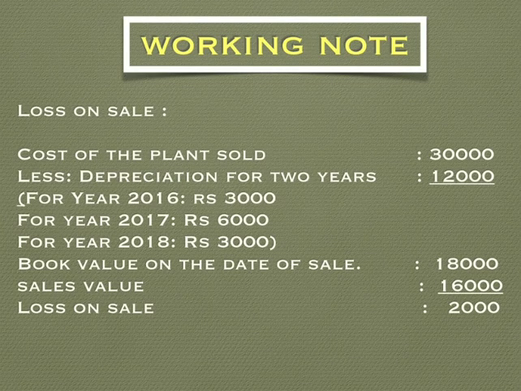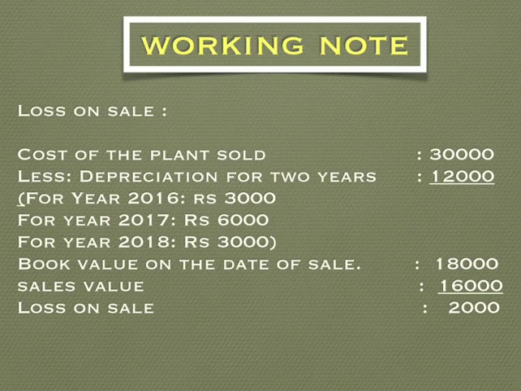So for the first 6 months it is 3,000, and for the next full year it is rupees 6,000, in total rupees 9,000. Now in 2018 we are selling our plant on 1st July, that is, we have used our plant for another 6 months, so the depreciation for those 6 months is 3,000 rupees. So the total depreciation is 3,000 plus 6,000 plus 3,000, which becomes 12,000 for 2 years.